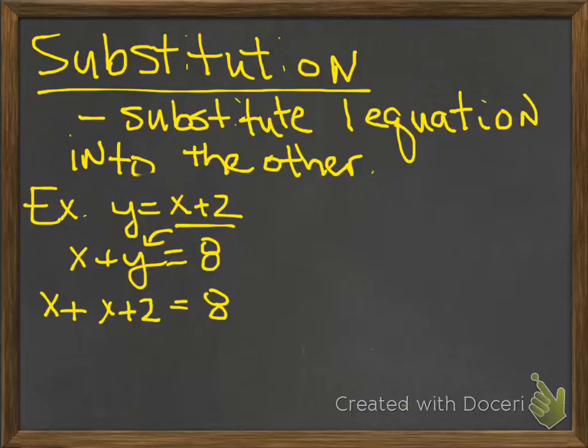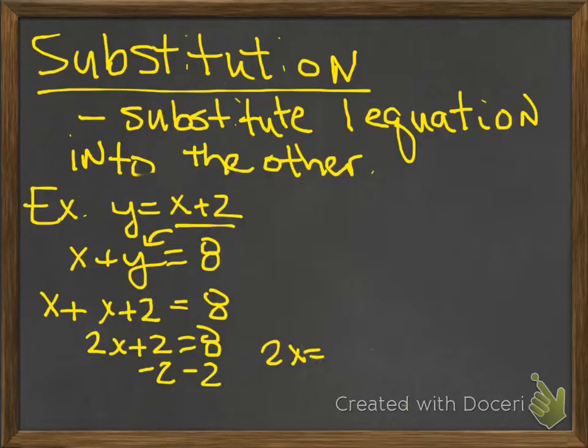How many x's do I have? Combine your like terms. 2x. Okay, subtract 2. You get 2x equals 6. What's your last step for this part? So x equals 3. Okay, you're not done there.